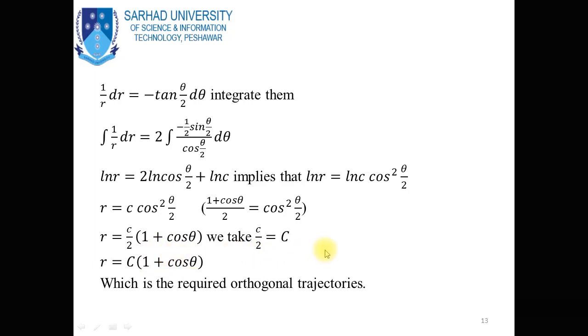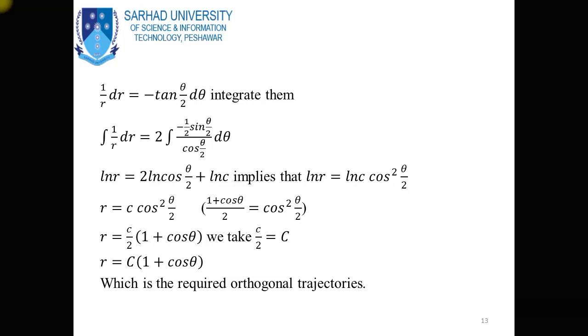So dear students, in this lecture, note how to find an orthogonal trajectory equation for the given family of curves. We have an equation for the family of curves. First of all, differentiate that equation which is given, and then replace dy by dx in that differential equation by minus dx by dy.